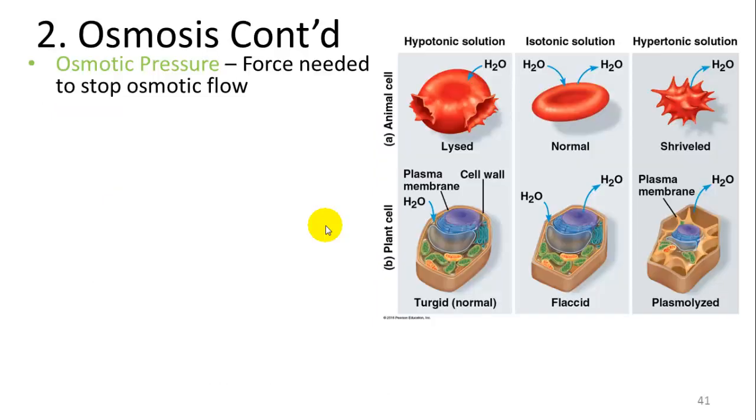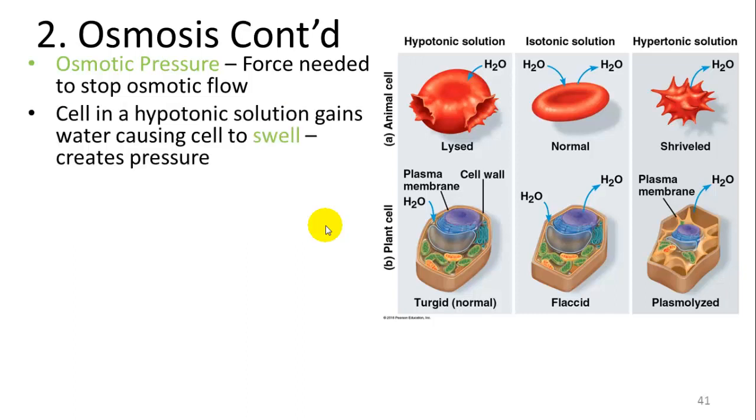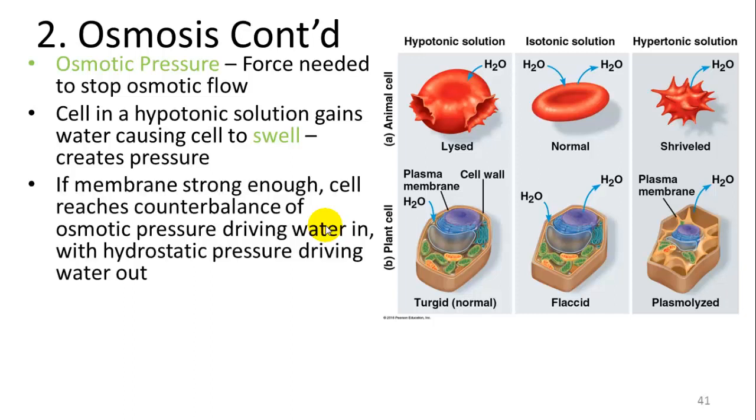So osmotic pressure then is the force needed to stop this osmotic flow. So you can see this in a cell. A cell in a hypotonic solution is going to gain water, causing it to swell, and this is going to create pressure. If the membrane is strong enough, it'll reach a counterbalance between the water coming in and the strength of the membrane.